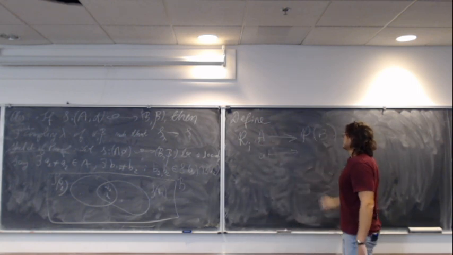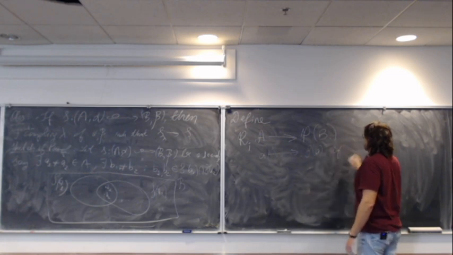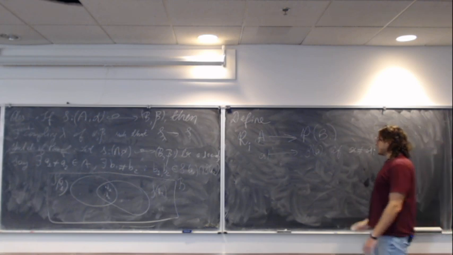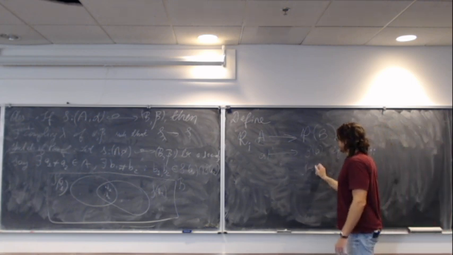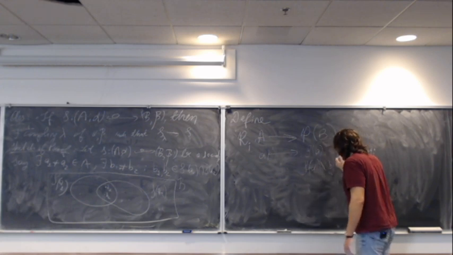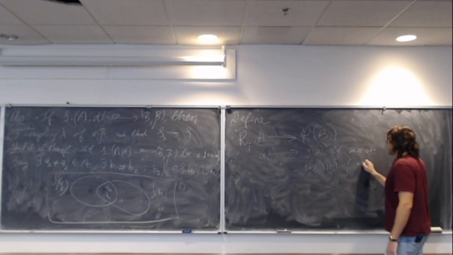Take A, so S of A, if A is not A_i, and take it to S of A_i, take away B_i, if A is equal to A_i.